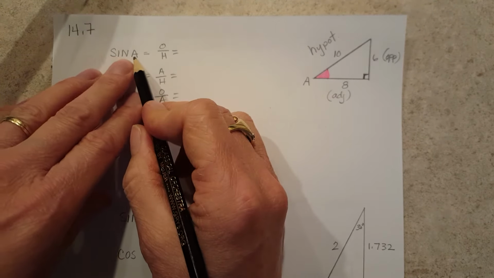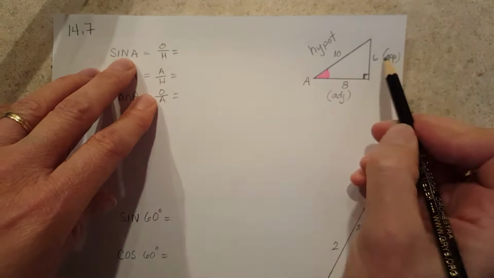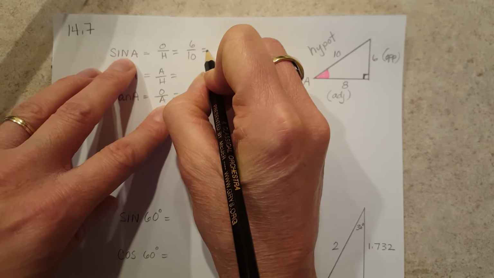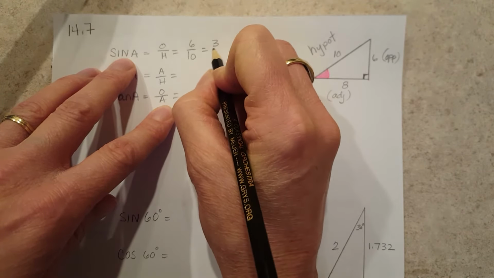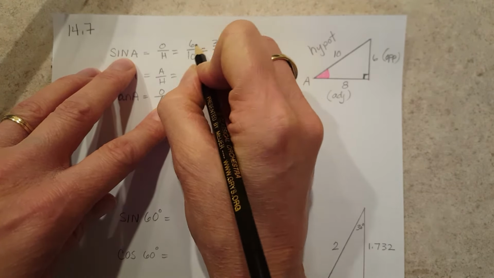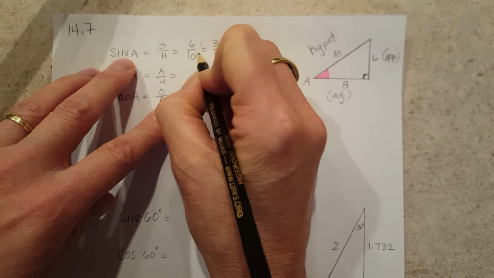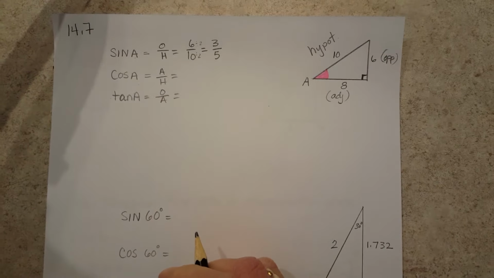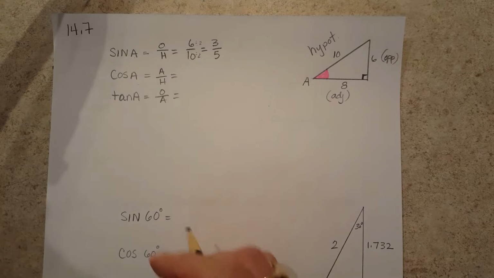So then we go sine of A, opposite over hypotenuse. Opposite over hypotenuse. 6 over 10. Or we could say 3 over 5. We divide both by 2. Okay? Let's try another one.